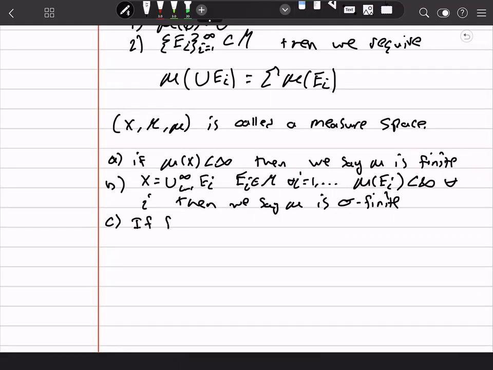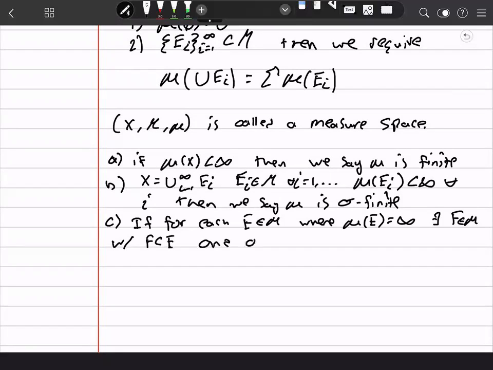So for each element E of our sigma algebra M where mu of E is equal to infinity, if there exists an F in M with F a subset of E and 0 is less than mu of F is less than infinity, then we say that mu is semi-finite.